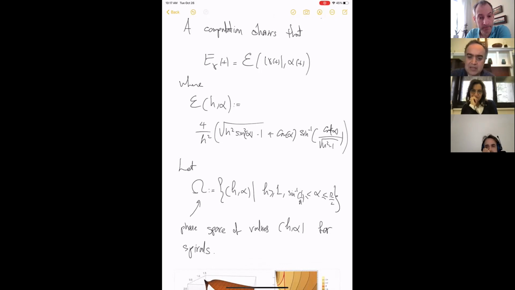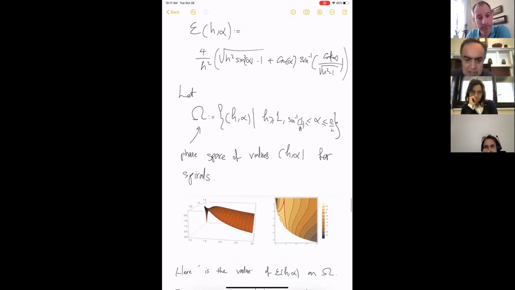And remember, we always had this constraint for the angle alpha that I showed, that angle had some constraints because it cannot enter that vision cone. So this is a picture. On the right, you have the phase space. This is the set of all pairs H and A that are a priori possible. This is the set of all heights and angles that your curve can have.